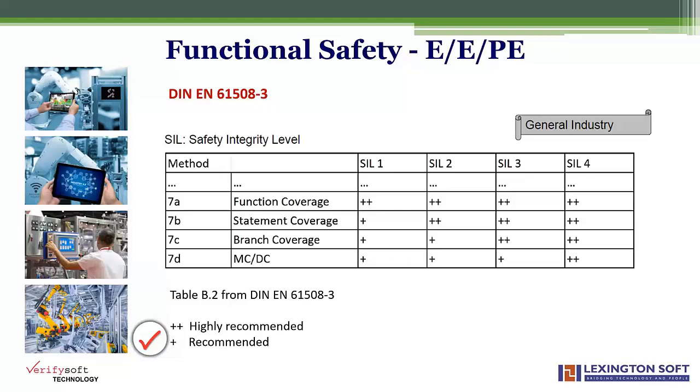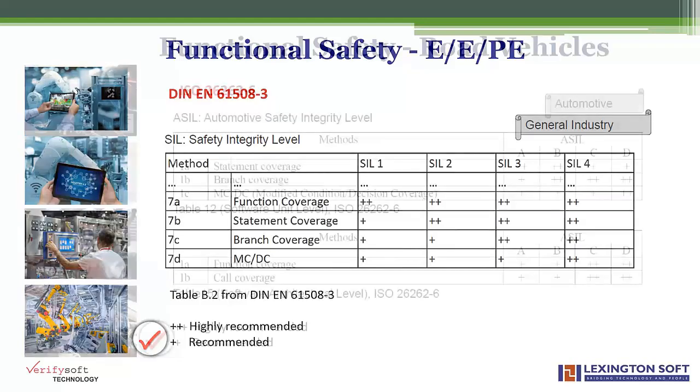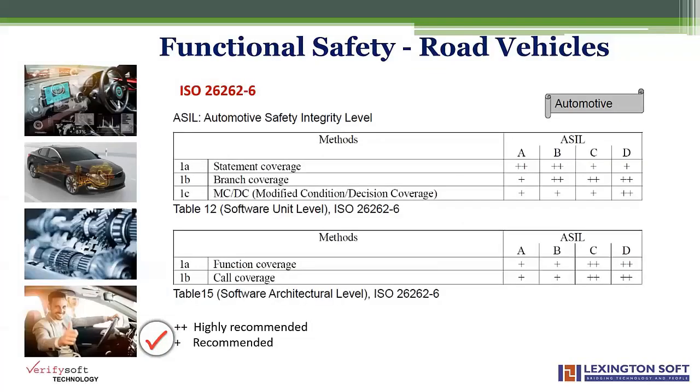The other standards we can briefly touch upon when we're talking about safety critical systems is the ISO 26262 standard. Most of you must be familiar with the standard. It's the standard of the automotive industry for the functional safety of road vehicles.